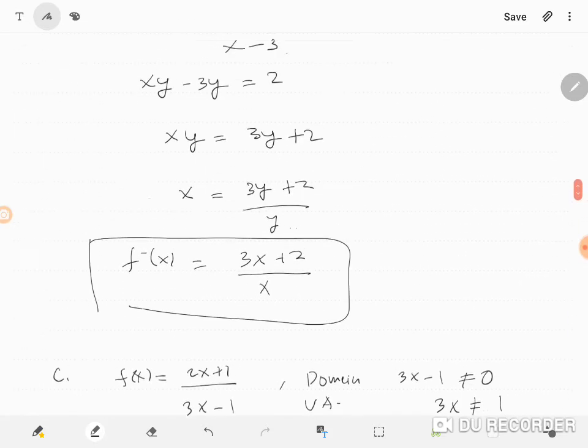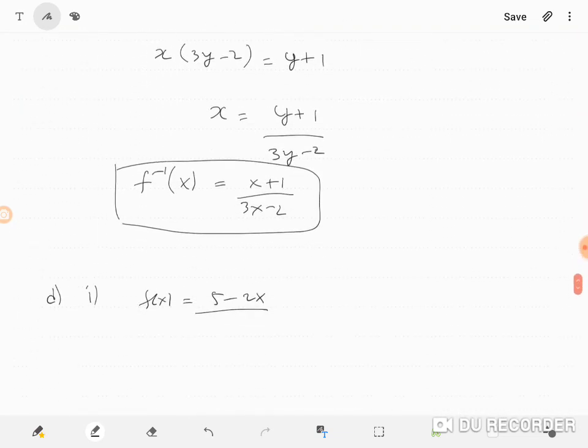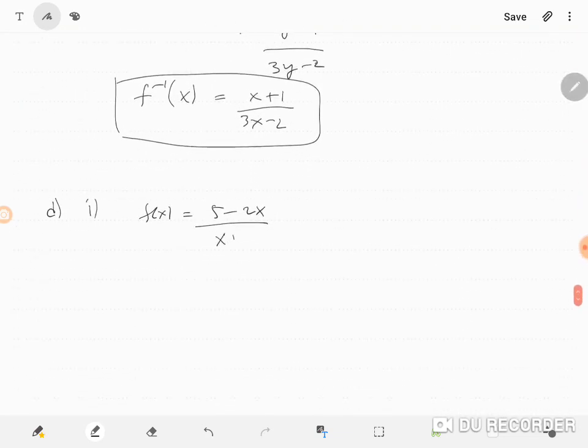Yeah, x plus 2. Okay, how do you find the domain? The domain is the vertical asymptote. The denominator not equals to 0. So x plus 2 not equals to 0. Then you have x not equals to negative 2.